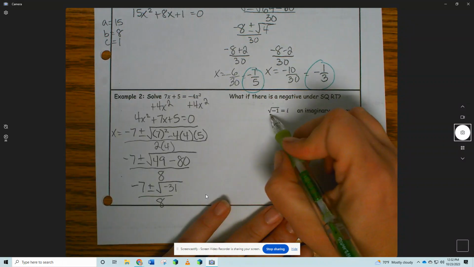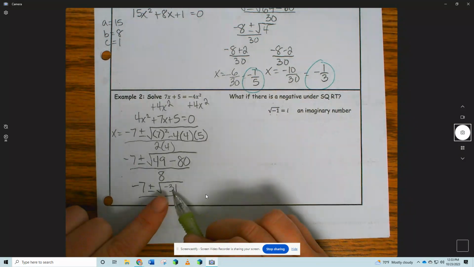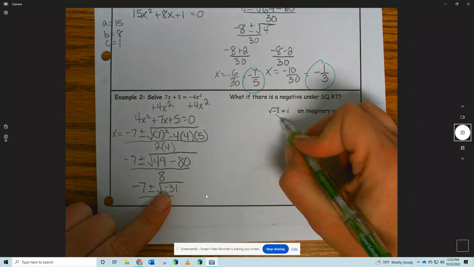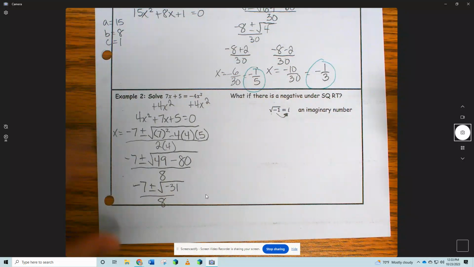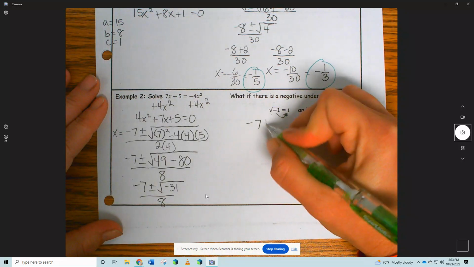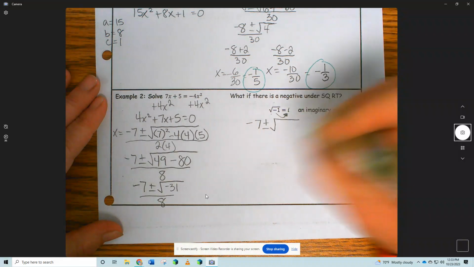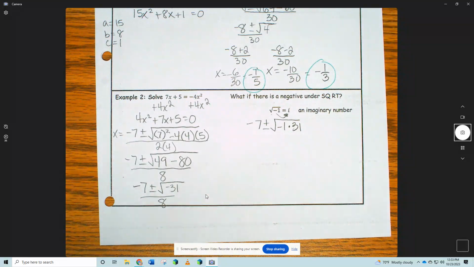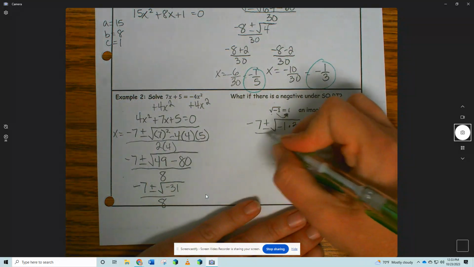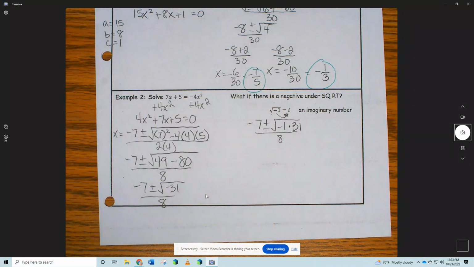If you ever have a square root of negative 1, I represent that as a lowercase i for imaginary number. So it's going to be negative 7 plus or minus, and I'm going to do negative 1 times 31. I have to pull out the negative 1 because the negative sign under a square root cannot stay.